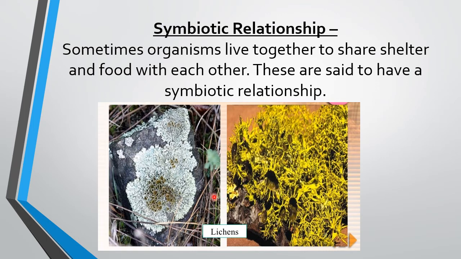The fungus, which is a saprotroph, will supply water and minerals to the algae, and the algae will prepare food by photosynthesis. So both will share. That's why another name is mutual relationship. So a lichen is a plant in which algae and fungi have a symbiotic association.